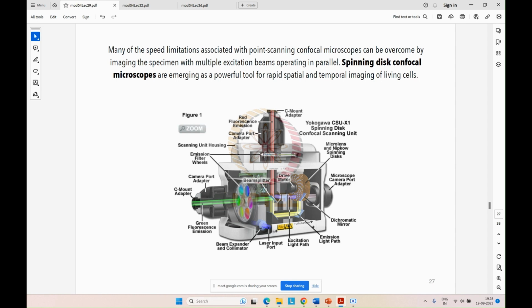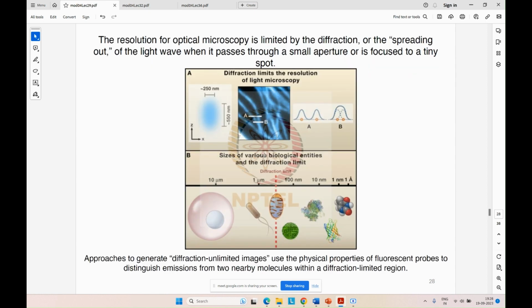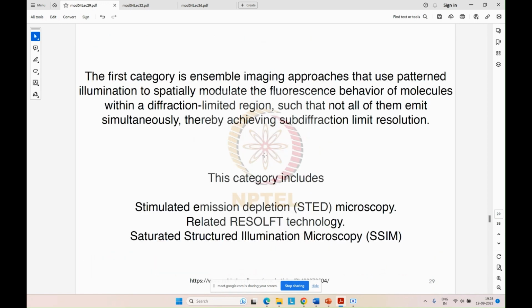So you get a lower resolution. This is again the diffraction limit.